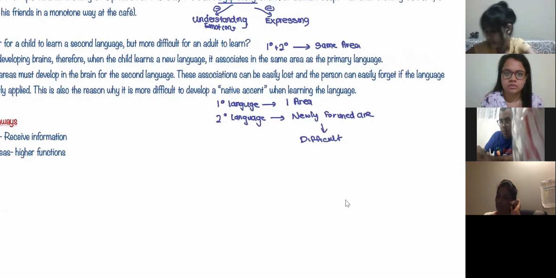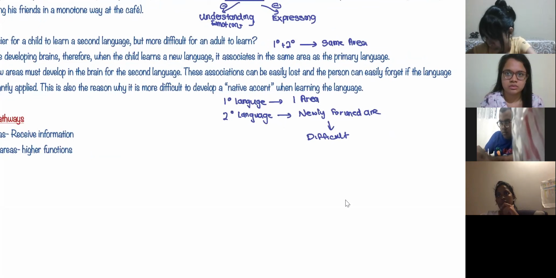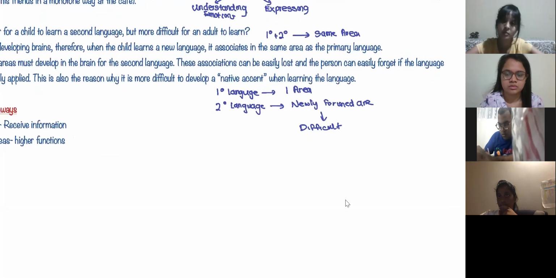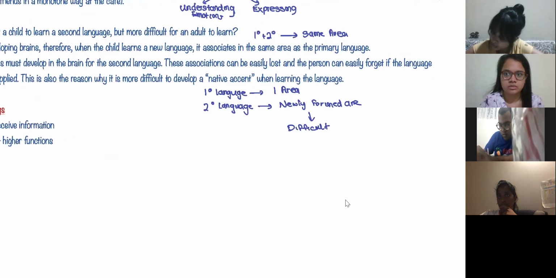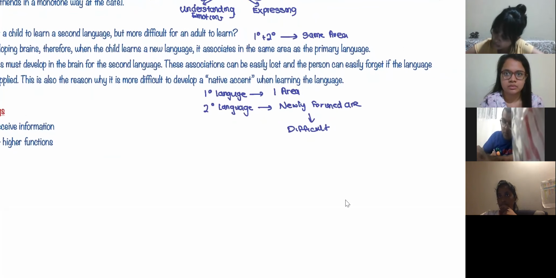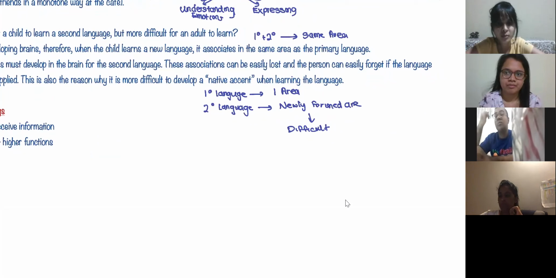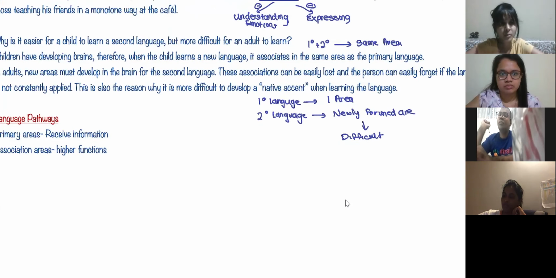So this is why children can easily learn and retain a language, and also the reason why these children will develop the native accent very quickly. If you go to Britain as an adult, it'll take a long time for you to get that accent, but your child, let's say a 2-year-old, will start talking with that accent itself, because it will be associated with the same area.